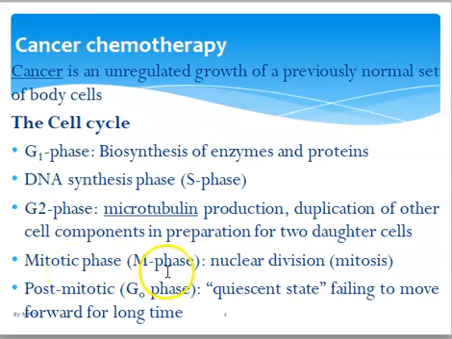The mitotic phase or M phase, where we have the division itself, or the nuclear division, and the post-mitotic phase or G0 phase, also referred to as the quiescent state, or failing to move forward for a long time. Now, remember, cells which are in the G0 phase can later, in appropriate conditions, enter the cycle to repeat the cycle.